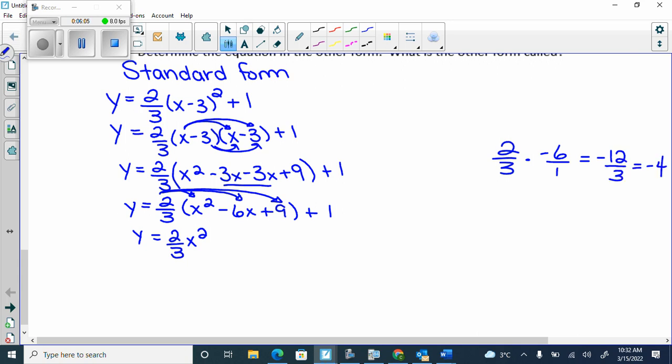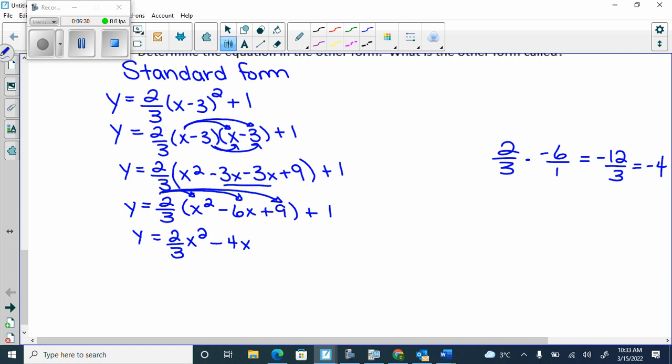Everyone's typing in their calculator, though, to check. So you're going to get negative 4x. So you're going to go 2/3 in brackets times negative 6. Did everyone get negative 4? Yeah. So make sure when you put a fraction in your calculator, it has to be in brackets. Now you're going to go 2/3 times 9 in your calculator.